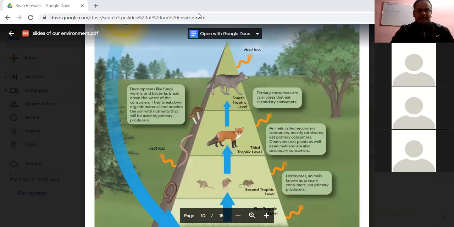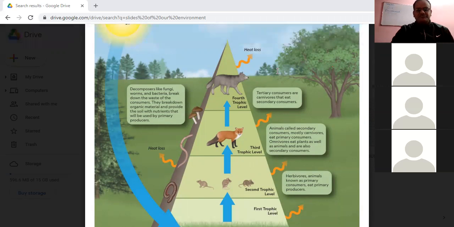My next question is for Prerna, 10B. Unmute yourself, Prerna. Question for you: what is the basic difference between a food chain and a food web?